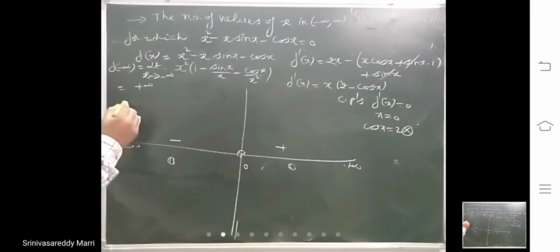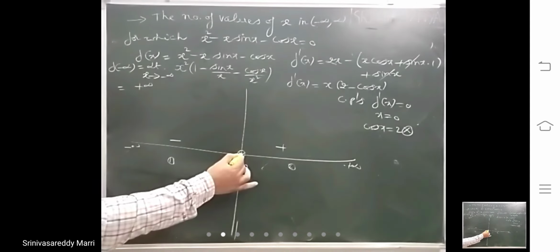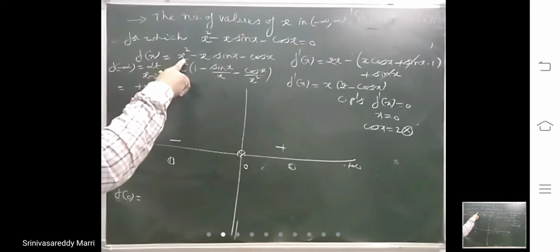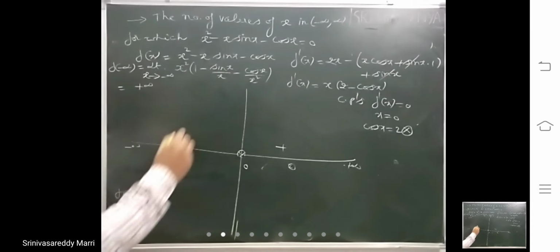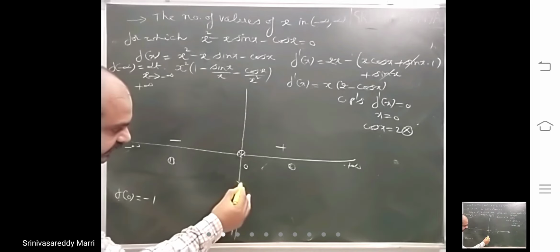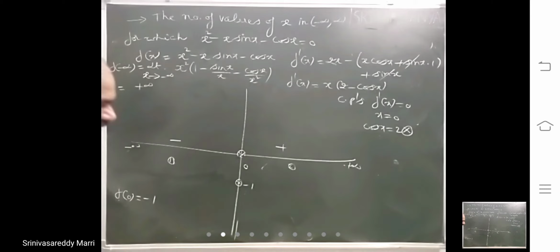Similarly, I am calculating next, f of 0. Here I am writing it. F of 0 is minus 1. Somewhere here minus 1.